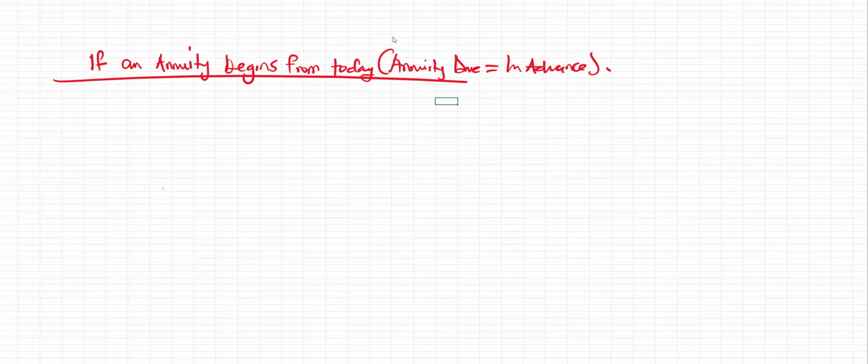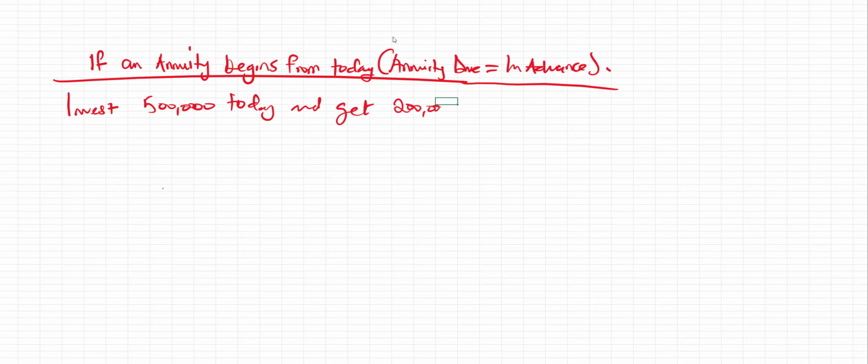What does it mean? I tell you to invest 500,000 today. I'm using the same example I did earlier. And get 200,000 for the next 4 years, starting from today. Today means now.